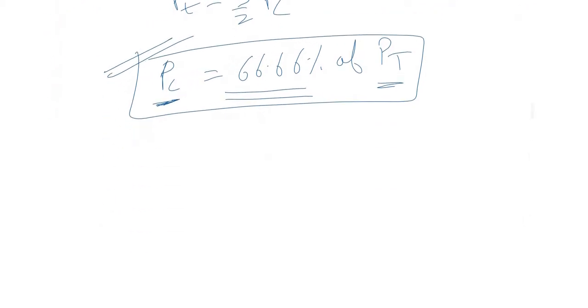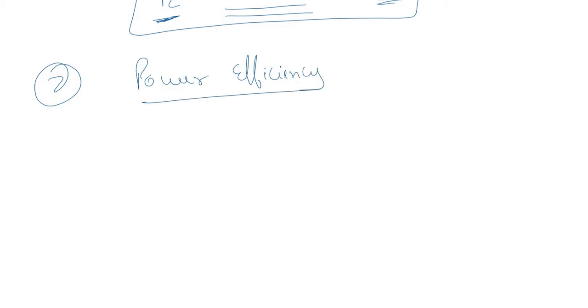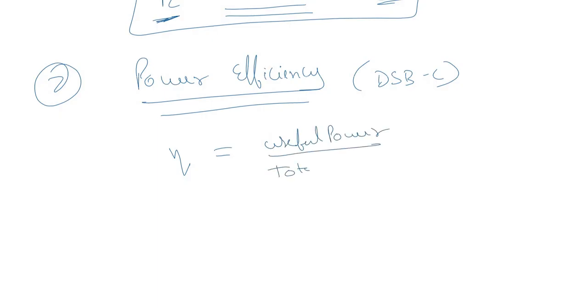Alright. Building upon this, the second important parameter to look at is the power efficiency of this DSB-C or conventional AM modulated signal, represented by eta. It is useful power divided by total power, as simple as that, into 100%.